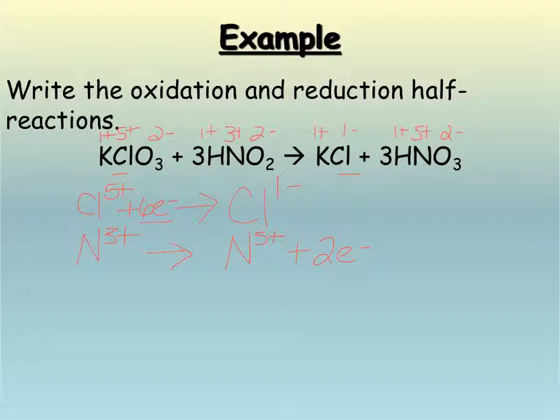Now I need to get my electrons to balance. I need 6, I only have 2, so I'm going to multiply everything in this equation by 3. 3 times 2 is 6, so 6 electrons. Now I have 6 electrons and 6 electrons. The top one is gaining, so reduction is gaining, and the bottom one is losing.